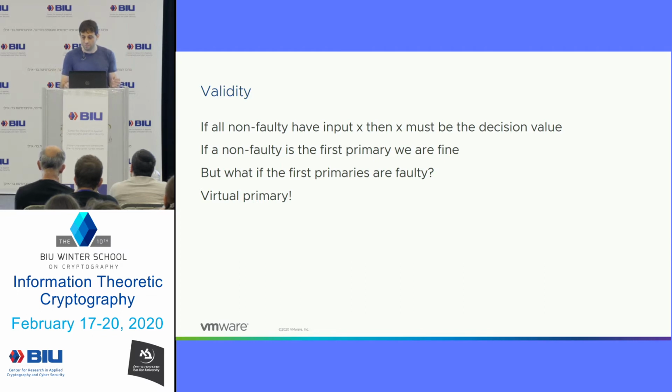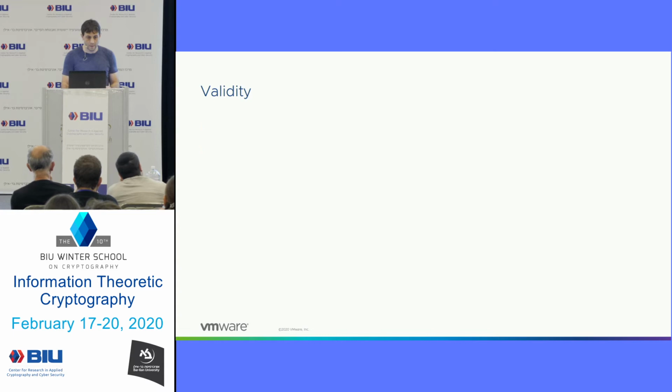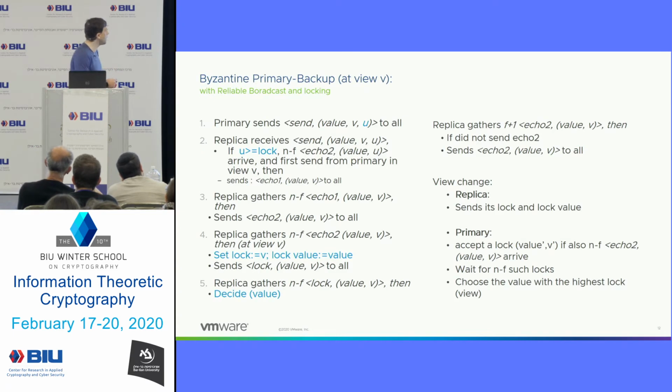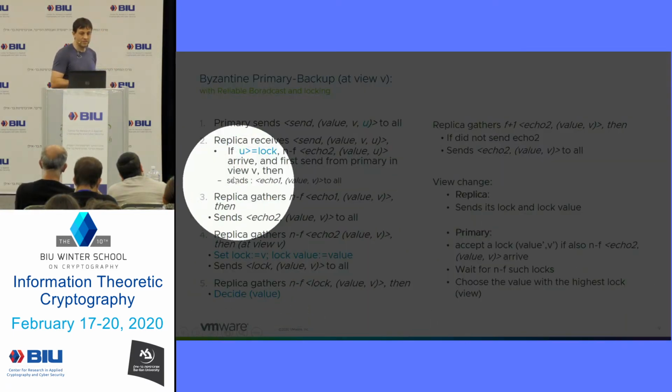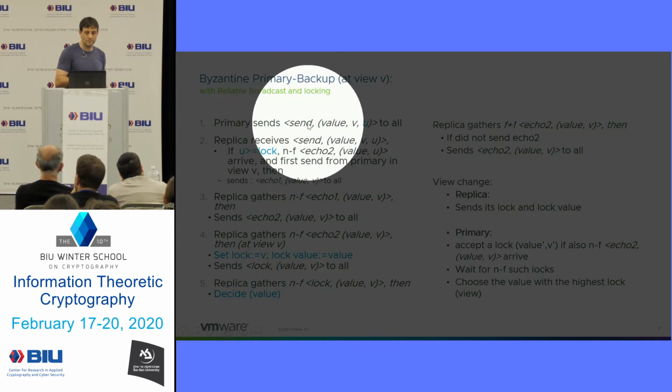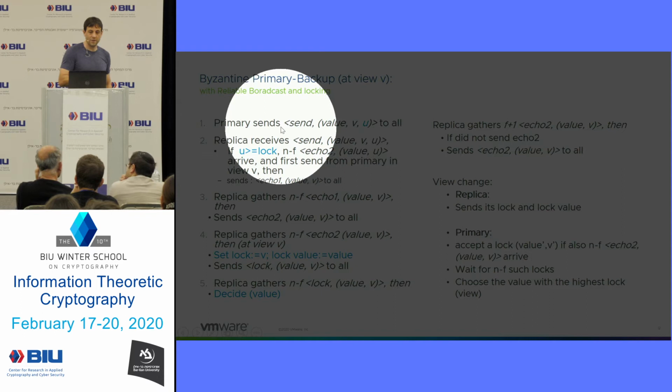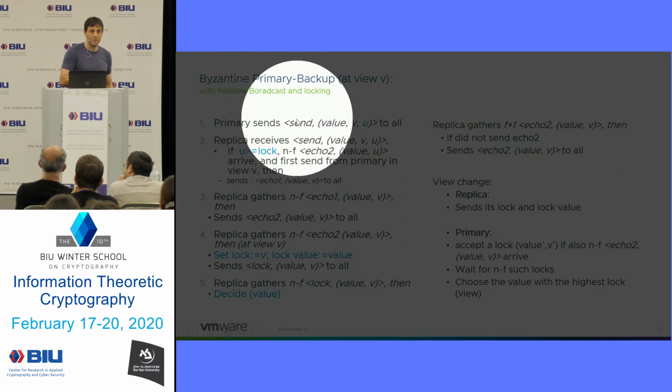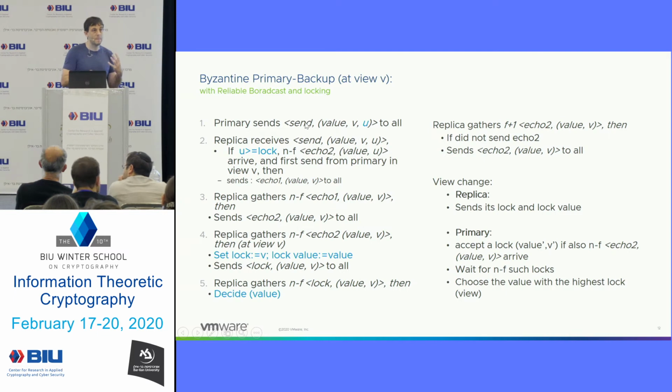primary. And what did this primary do in the first round? In the first round, the primary just sends a message to everybody. So what we will assume is that this thing happened by the virtual primary, and our inputs are what the virtual primary sent to us. Okay?